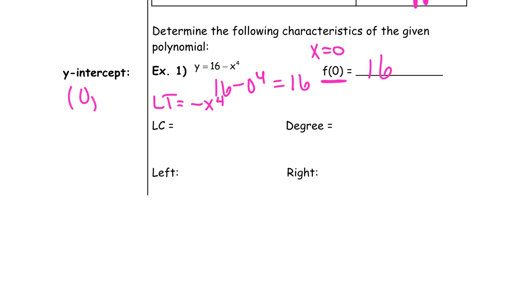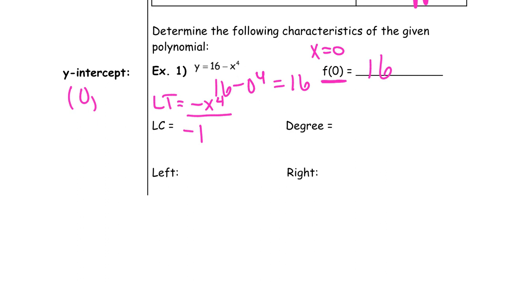From that term, I can get all my information. What is the leading coefficient? Do you see this right here? The answer is in that leading term. What is the leading coefficient? -1. There it is. It's the number in front of the x.